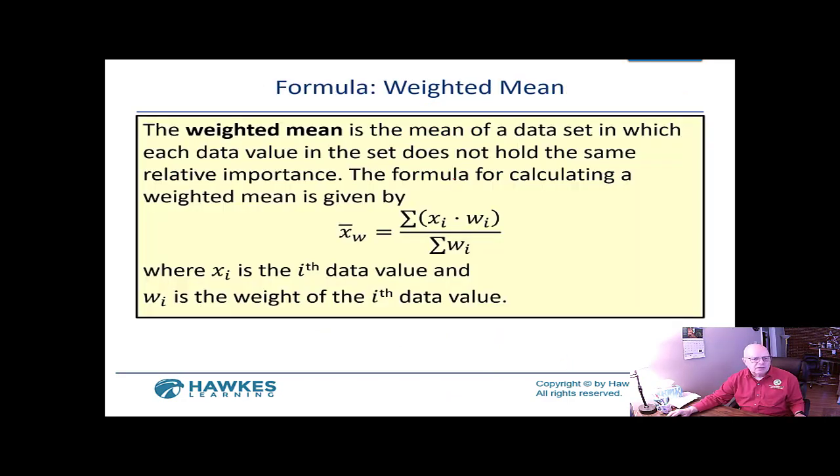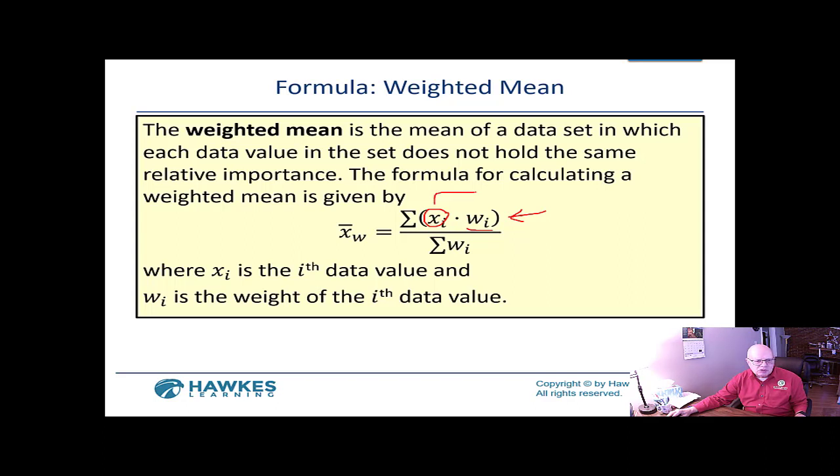Weighted mean. This is one that's probably just as well done in class, but it's not that difficult. This represents the individual values. In the case of tests, those represent the individual test scores, and this represents what the weight is and how much each one is worth for each one of those.